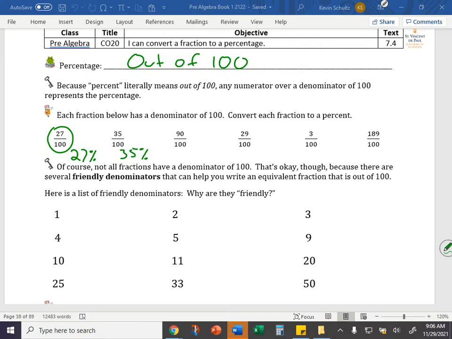What will 90 hundredths be as a percentage, Griffin? 90%. 90 out of 100. 29 hundredths as a percent, Colin. 29%. 3 hundredths, Jeffrey. 3%. 3 out of 100. And even something like 189 hundredths.